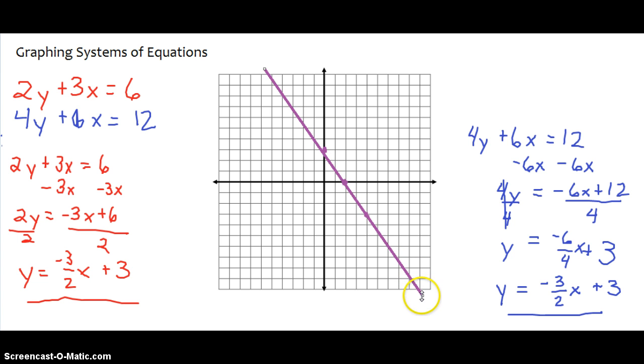It goes through all 3 of those points. And we have both the red line and the blue line shown on the same line here. This means that they have an infinite number of solutions. So you can write infinite solutions for your answer.